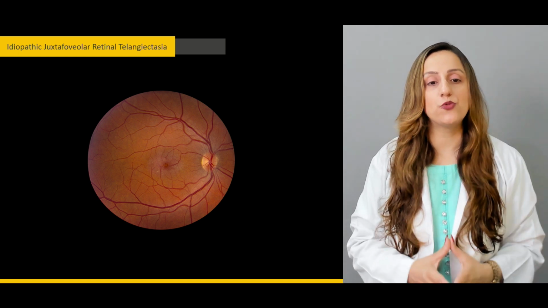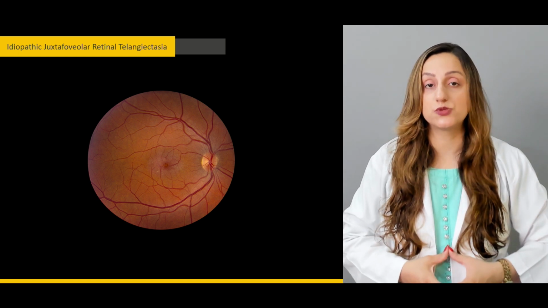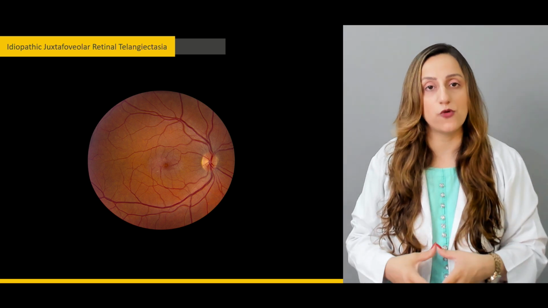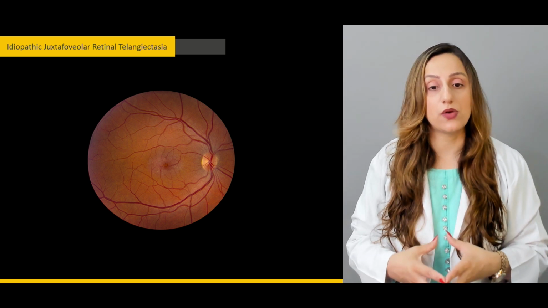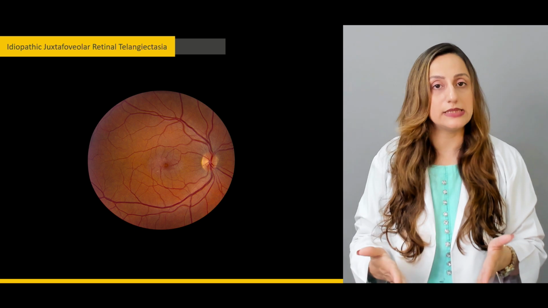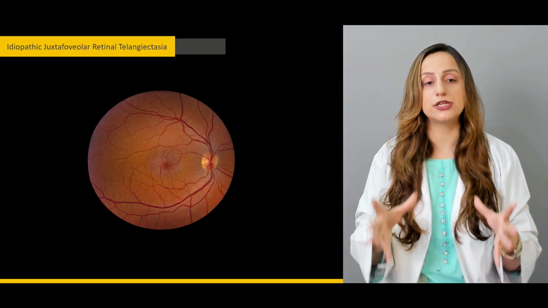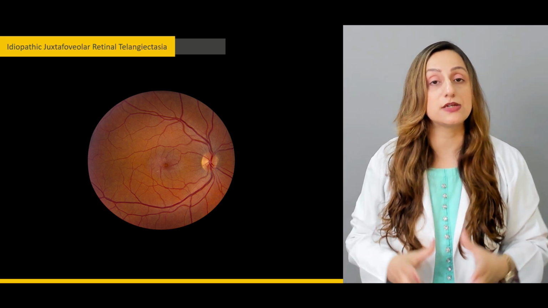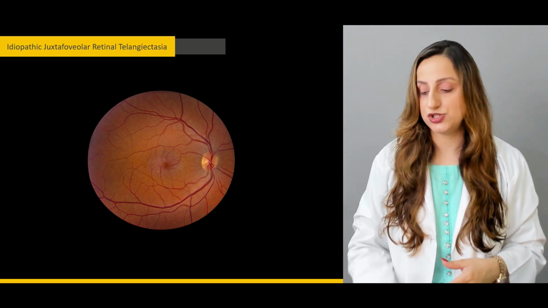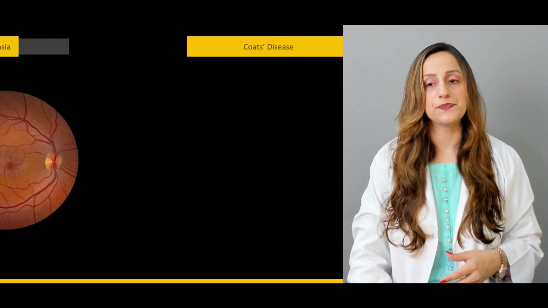The location would be juxtafoveolar. It would be almost near the fovea or near the macula. So that would basically be regarded as the particular condition known as idiopathic juxtafoveolar retinal telangiectasias in these individuals.